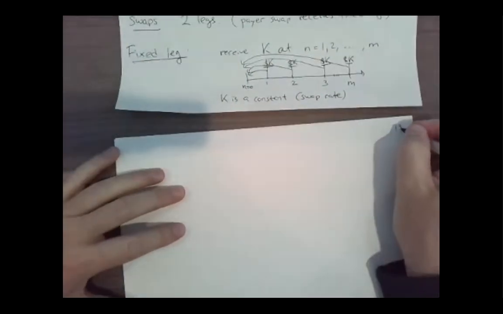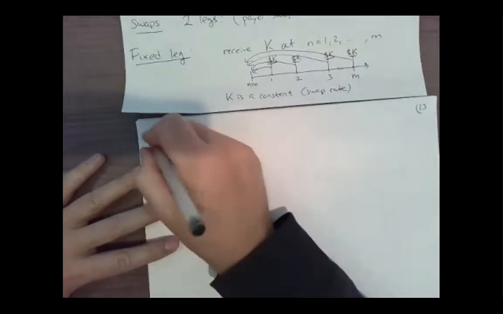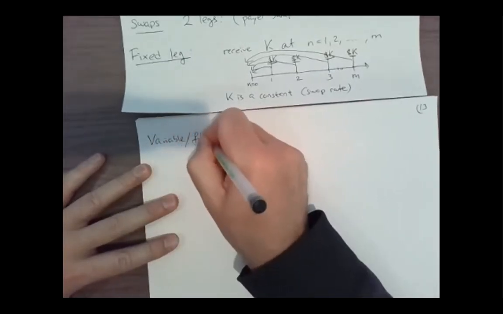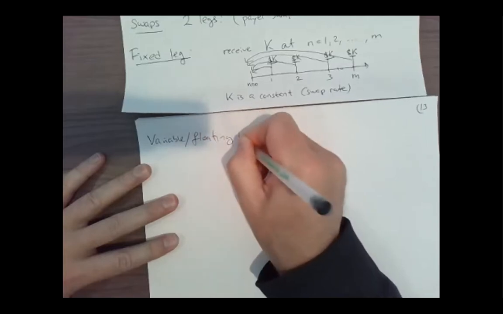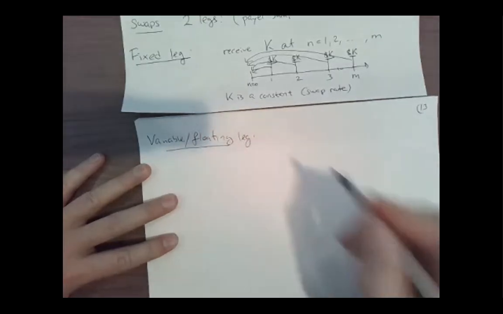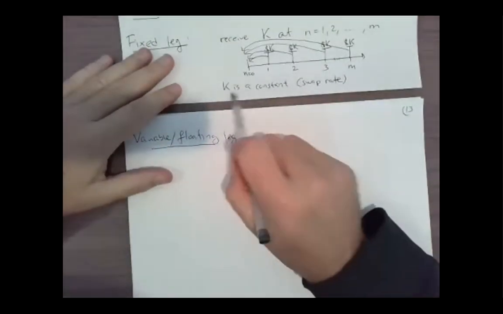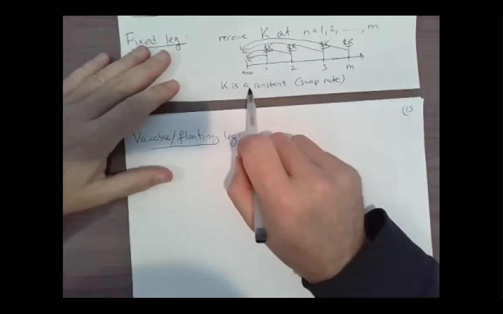Then there's the floating leg, or the variable leg. These payments are not going to be constants.